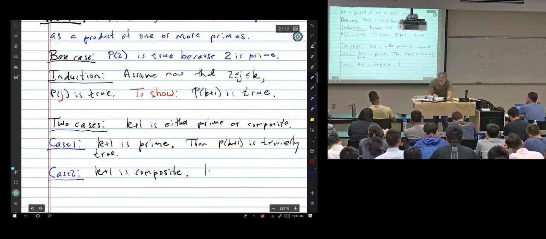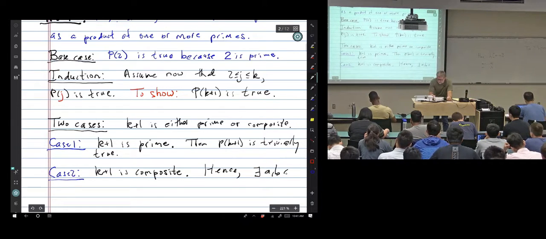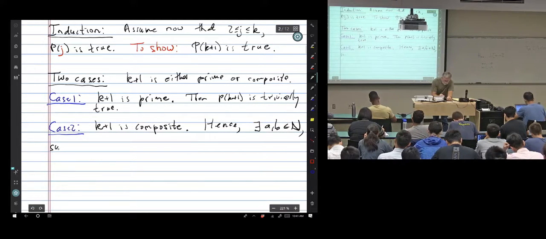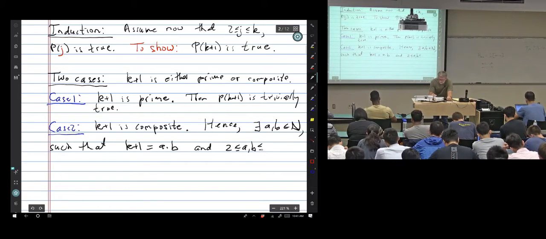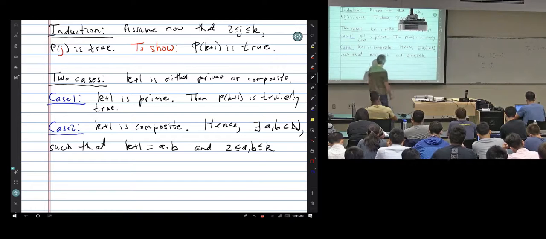Hence, there exist A and B natural numbers such that K plus 1 is equal to the product A times B, and these natural numbers are bigger than or equal to 2 and less than or equal to K. That's the definition of composite.